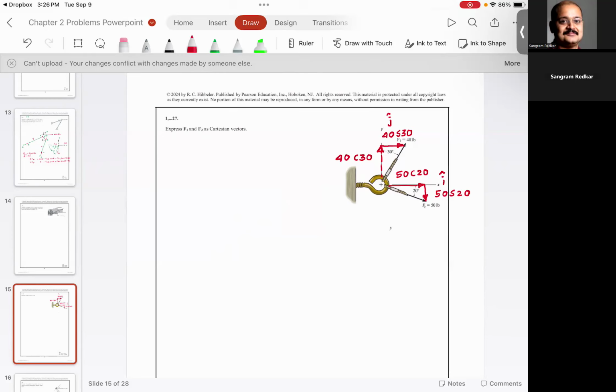Everyone understood this? So these numbers do not represent vectors. They represent the amplitude or the magnitude of the vector.